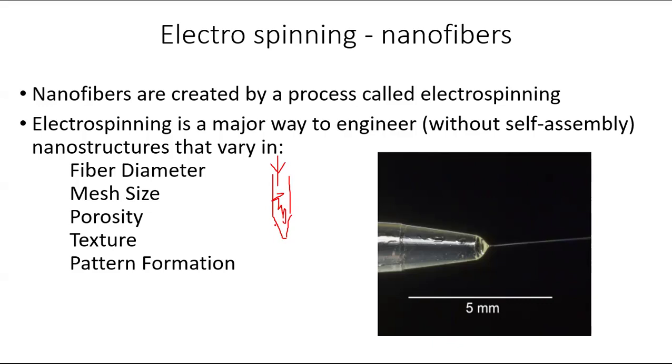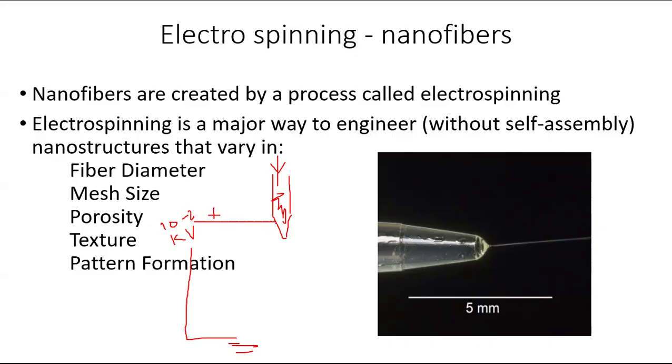This needle tip, being highly electrically conductive, is attached to a high voltage supply. This is the ground and this is a positive or negative voltage in kilovolts. Mostly it can start from 10 kilovolts up to 25 kilovolts.